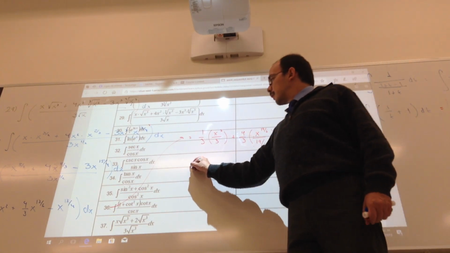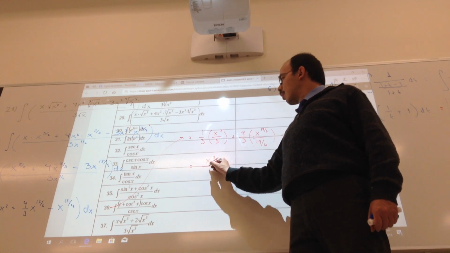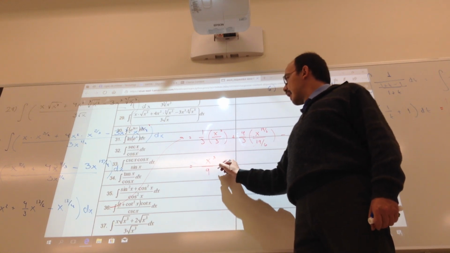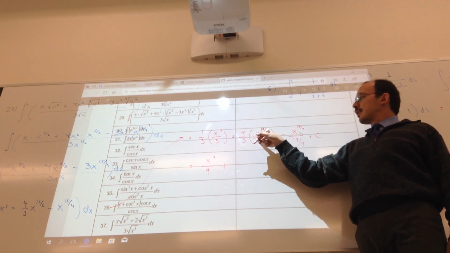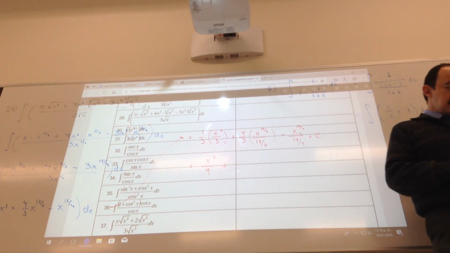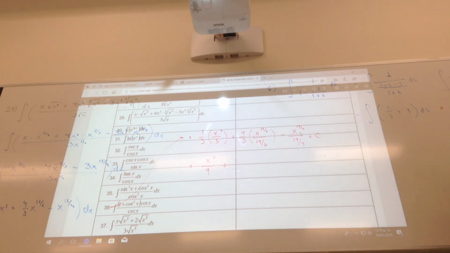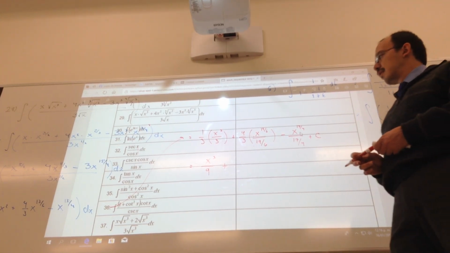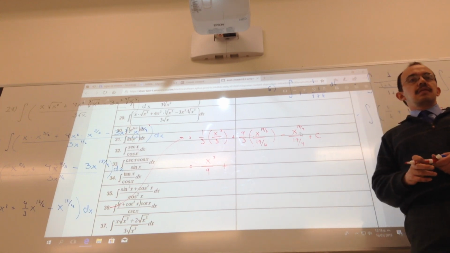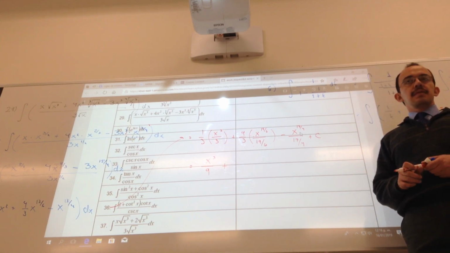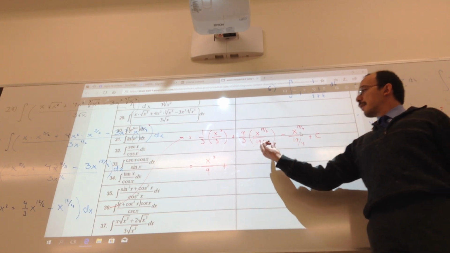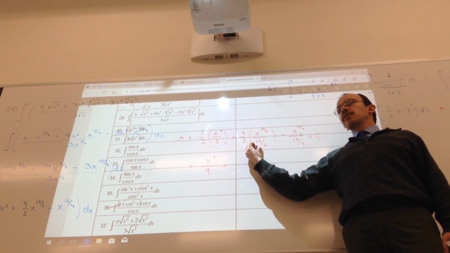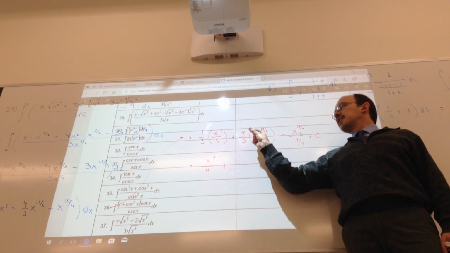Can I simplify? Yeah. So x cubed over 9 plus 4 thirds times this over 19/6. What do I do? Remember, if you have a fraction in the denominator, you can always rewrite that as a reciprocal.